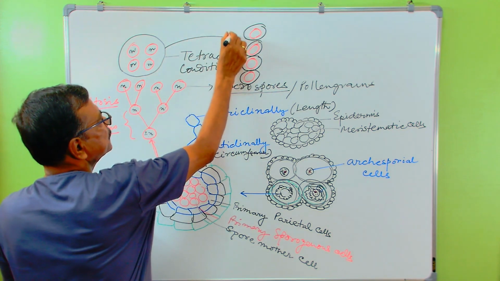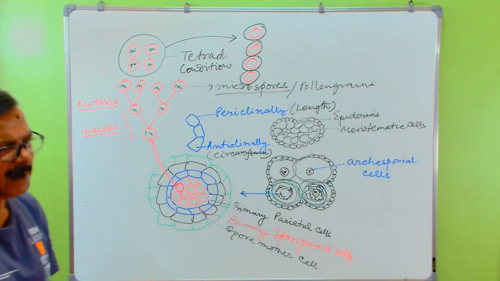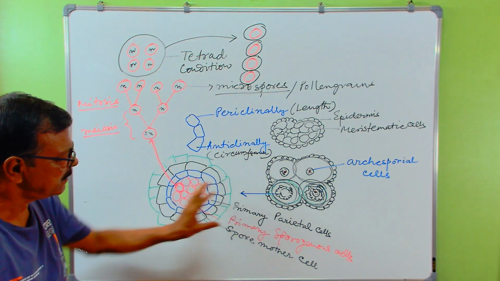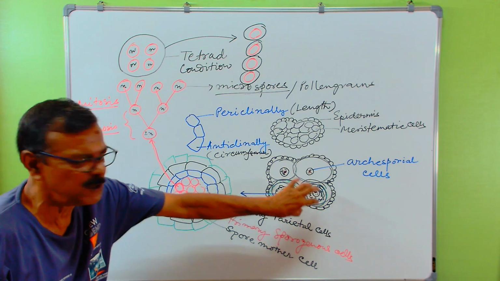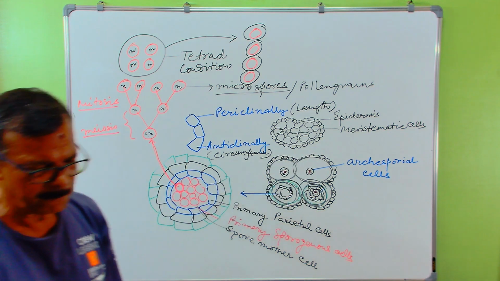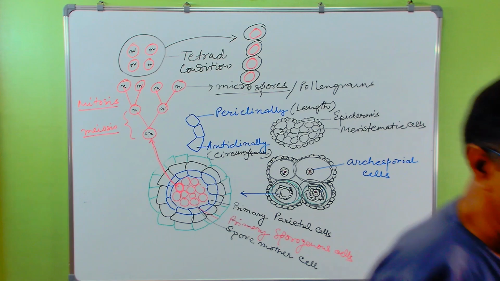Finally, they get separated, and this is being produced in the microsporangium. Clear? This is being produced in the microsporangium.